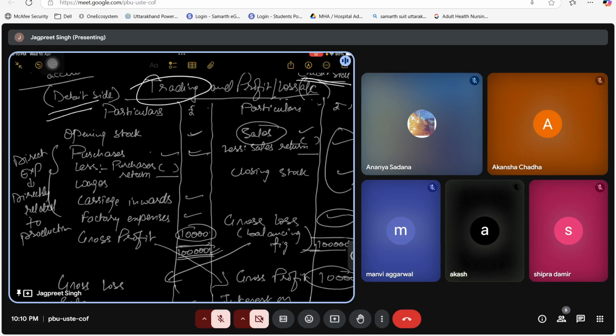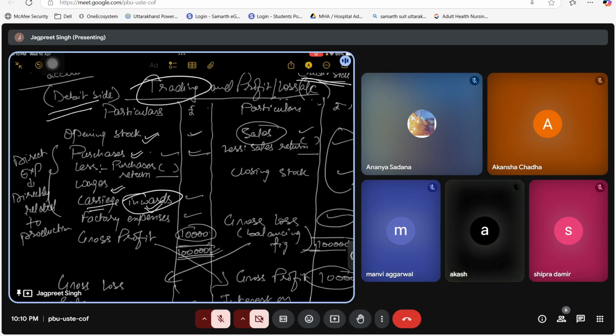Suppose we are running a factory or a manufacturing unit, so all the expenses till we produce anything, starting from the opening stock, we purchase any raw material and we give wages to the workers. Carriage inward means when we are ordering anything and some raw material is coming towards us through any transportation, it is called carriage.